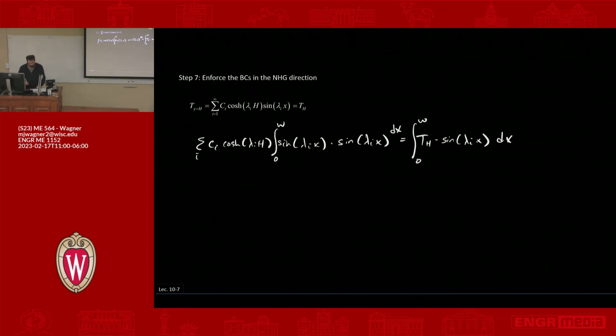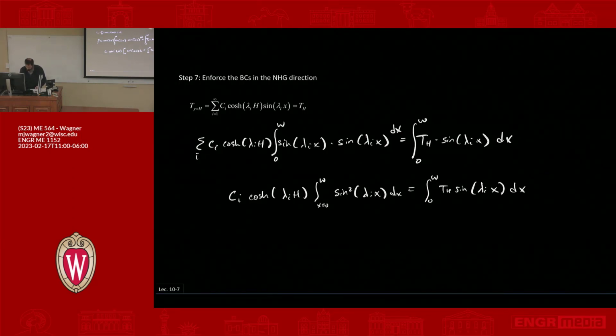So we can write this expression as a single function: Ci cosh lambda i h times the integral from x equals 0 to w of sine squared lambda i x dx is equal to the integral from 0 to w of th sine lambda i x dx.